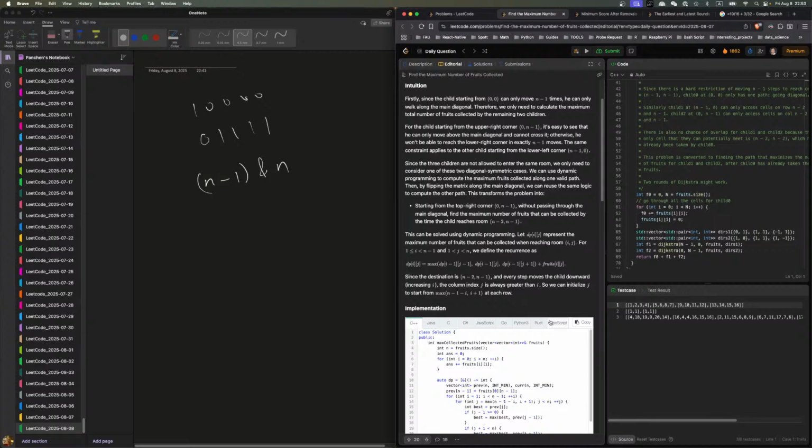But I need to pick the larger of the two. Because, yeah, every step j is bigger, that means you are restricted to the top right corner.